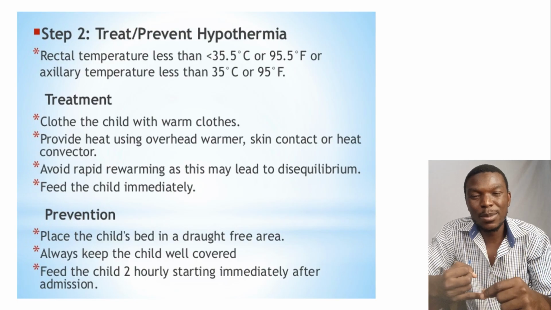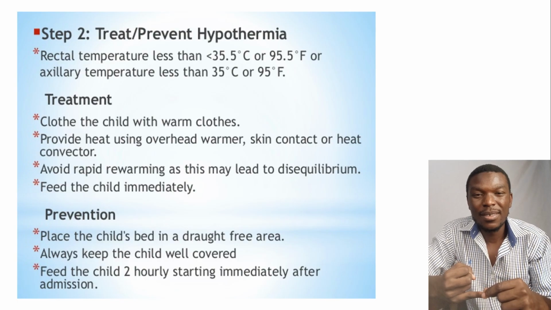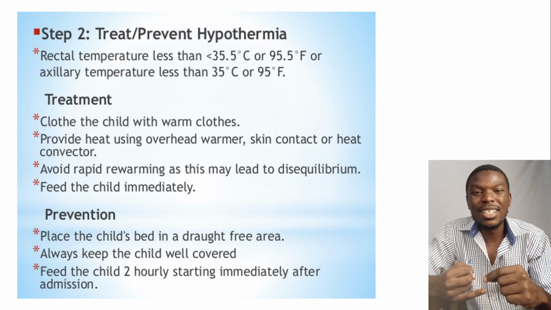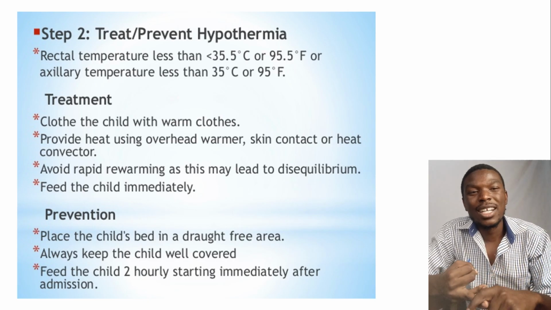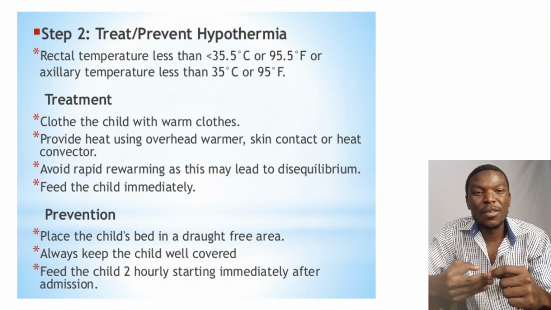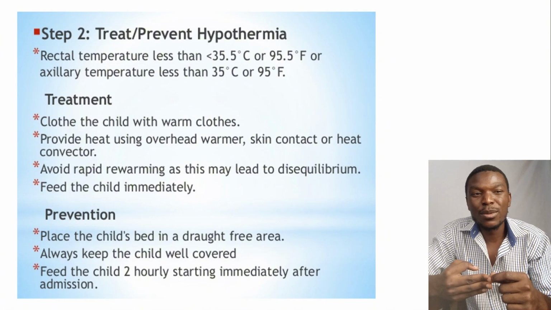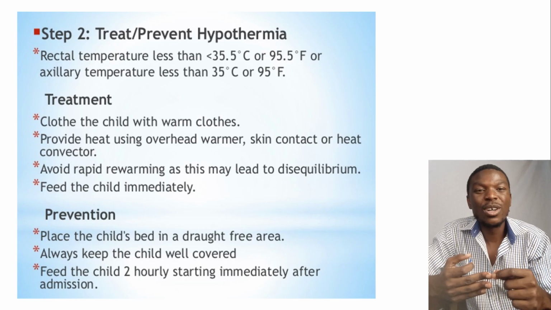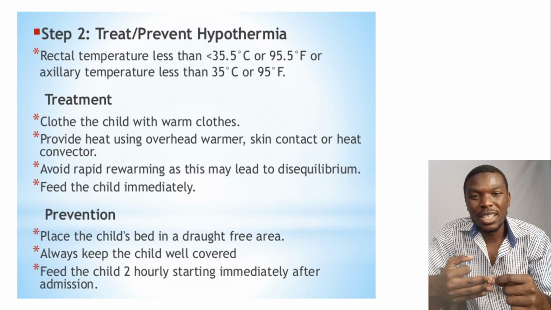So we are treating and preventing. So even if the temperature is 35.8 or 36 degrees Celsius, we're still going to prevent hypothermia by giving the child warm clothing, providing a heat source, providing warm skin contact or a heat converter.